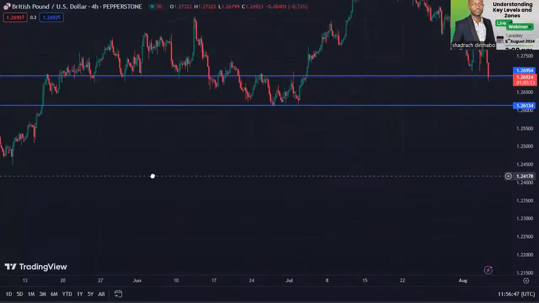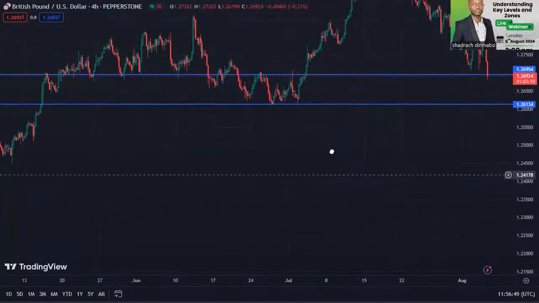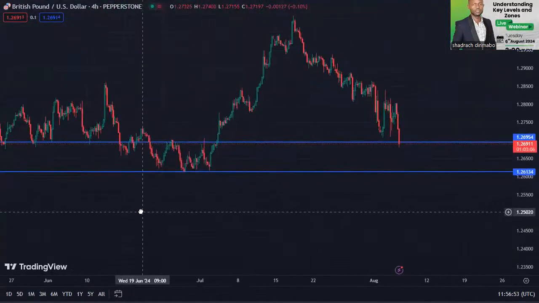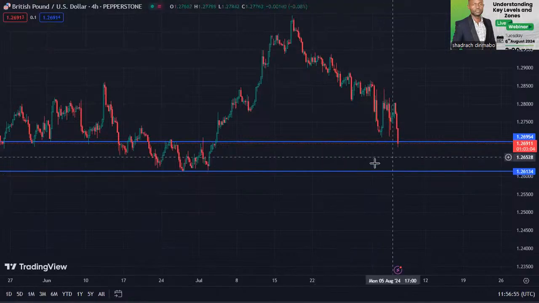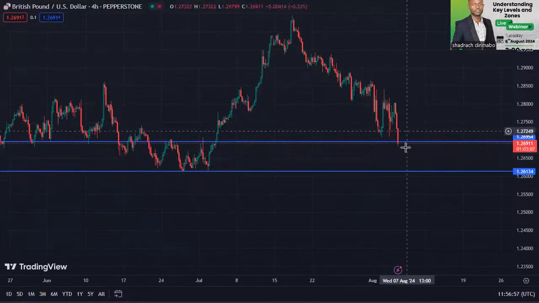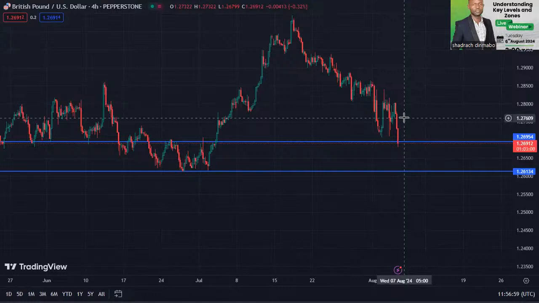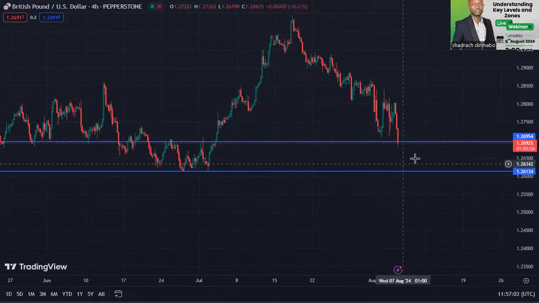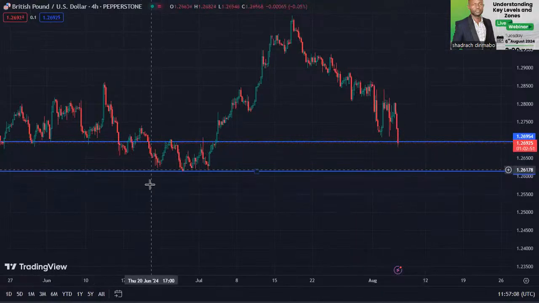Is that okay? So that is it. Now let's see from here. You can see the push, and you can see what's going on here right away. That's nice. You can see the reaction here because it has come to a zone level.